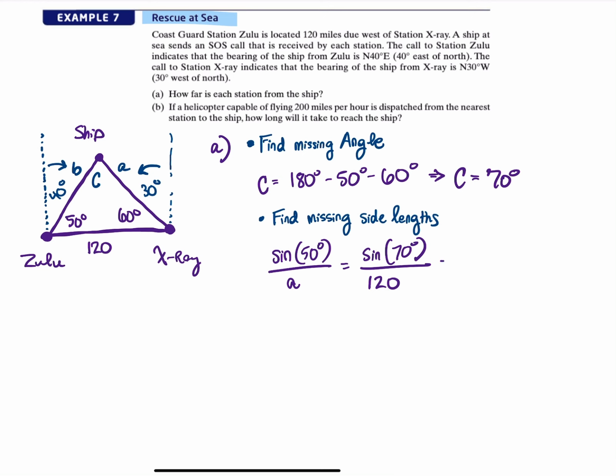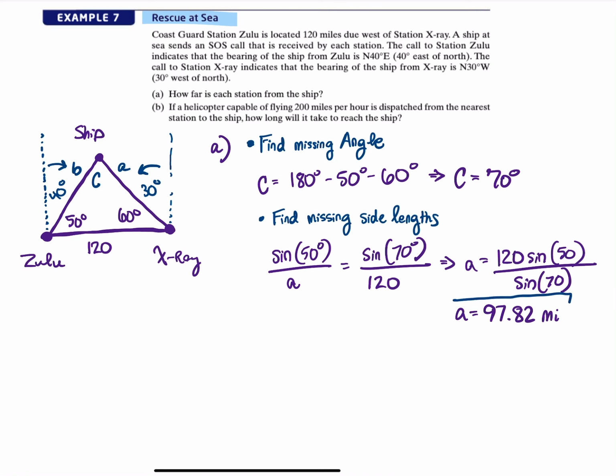So if we rearrange things, we get that A is equal to 120 times the sine of 50 over the sine of 70. And if you evaluate this, you should get that A is approximately 97.82 miles. So that's the distance from the X-ray station.